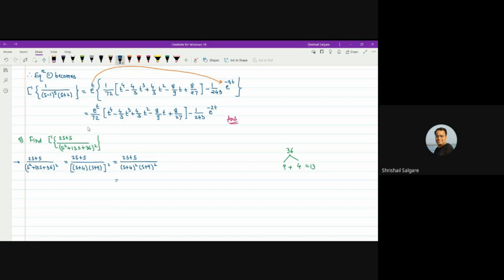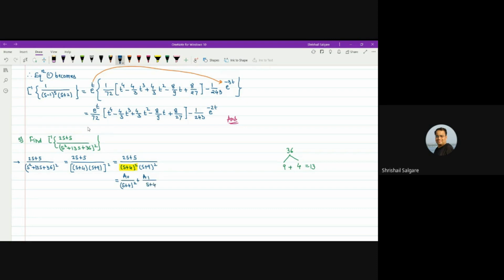Now this is the case where both factors are repeated. Suppose I am writing, corresponding to s plus 4 bracket square, I will use constant a0 upon s plus 4 its bracket square plus a1 upon s plus 4.